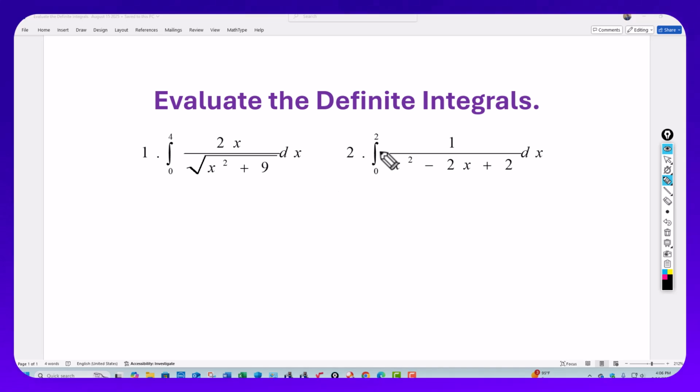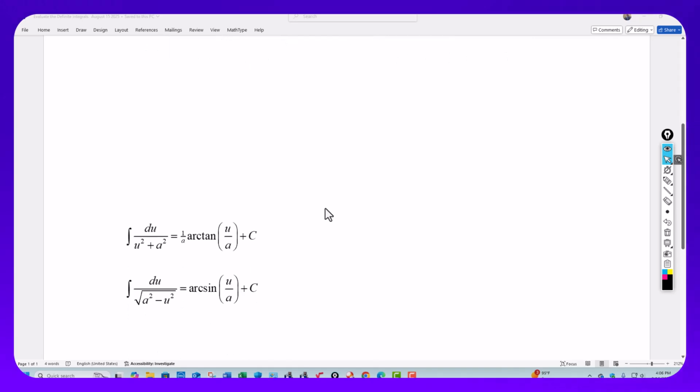The next one is going to be evaluated from 0 to 2. And this one doesn't factor. It's a rational expression, but it doesn't factor. So I'm going to complete the square on this one. And I'm going to use this formula right here. Used it before. I can write it in this format here. The integral of du over u squared plus a squared.